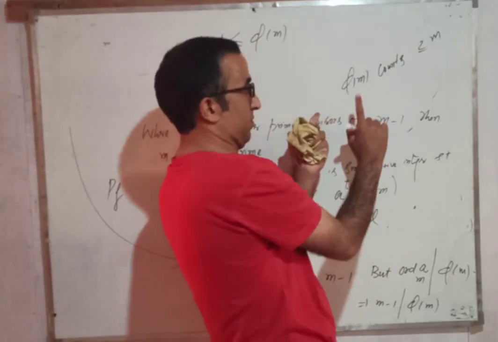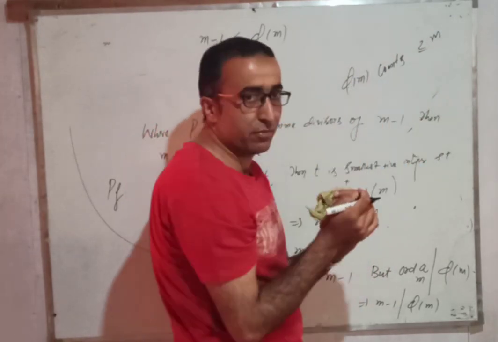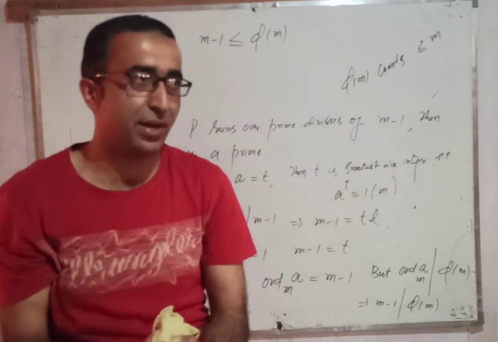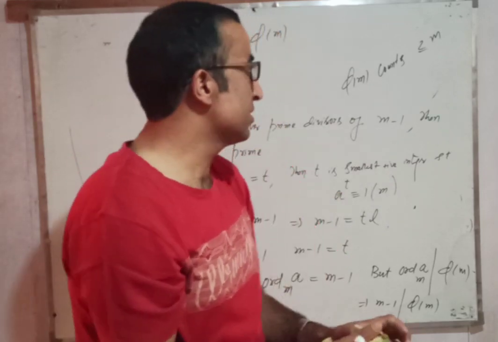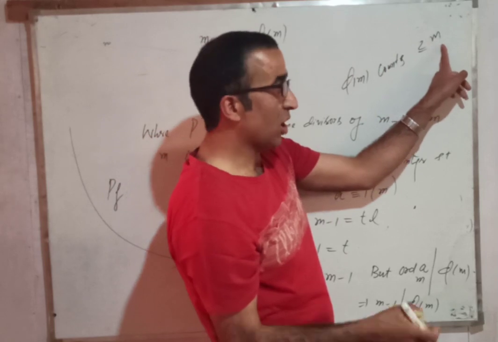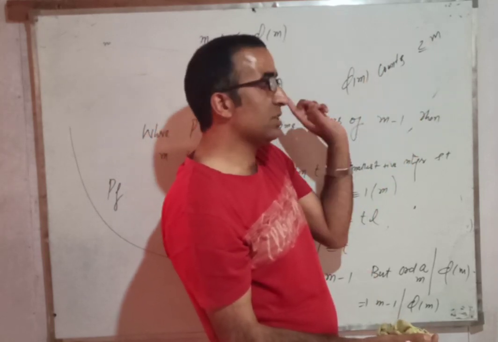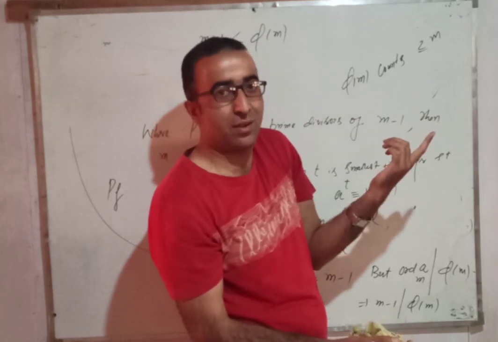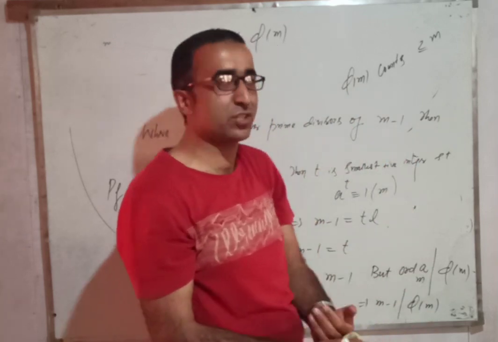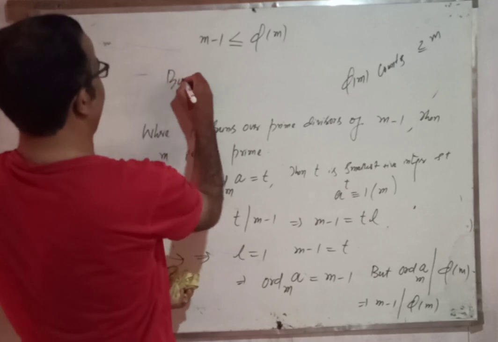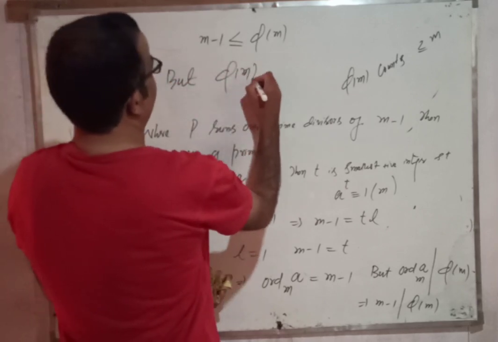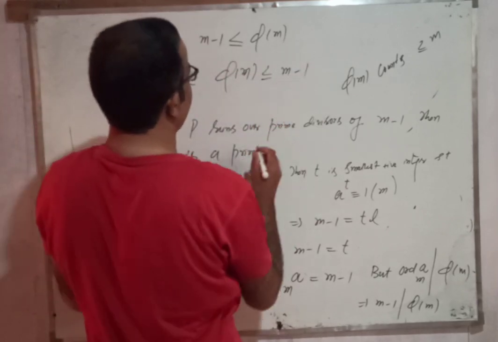Obviously m is not relatively prime with m, because GCD of m and m is m. So when you calculate phi of m, it is at most m minus 1, means phi of m is always less or equal to m minus 1.